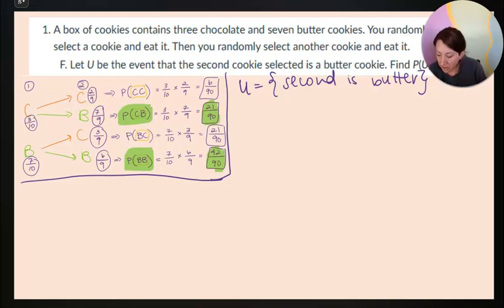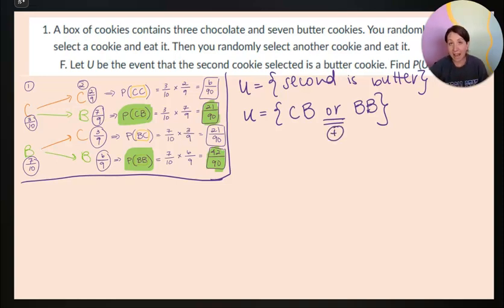So let's consider these events. The only events that fall into U within the sample space would be the events that we have chocolate and then butter, or butter and then butter. Again, this "or" means we should be adding these.